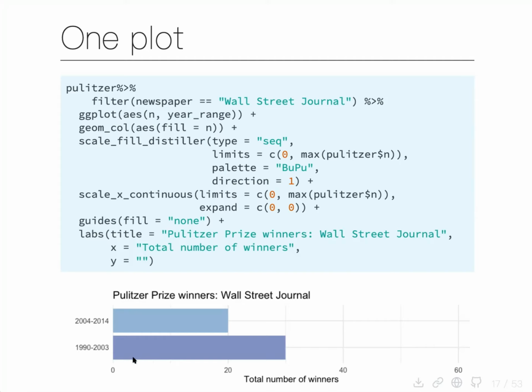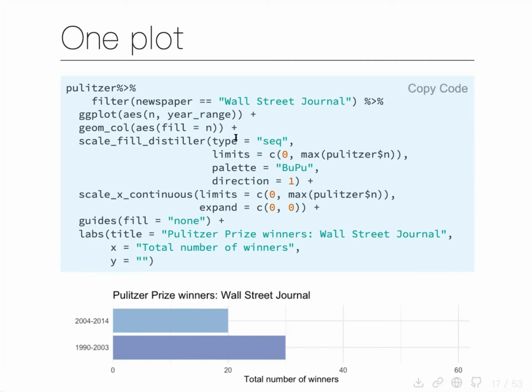I'm going to put n on the x-axis and year range on the y-axis. I'm going to use geom_col to give me a column where I fill by n. So basically, the color of these columns is going to correspond to the x-axis. It's a sort of double encoding that I've got going on.